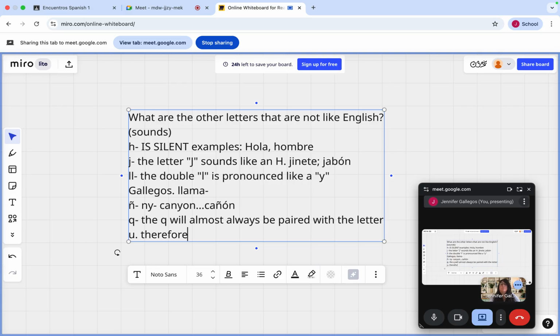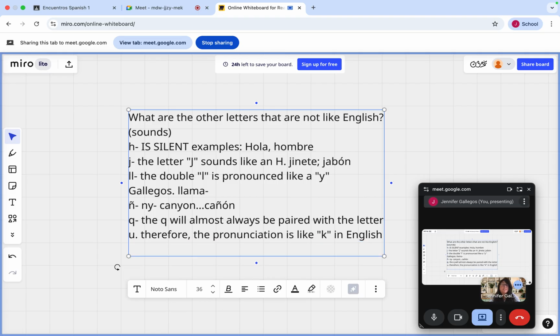Therefore, the pronunciation is like a K in English. Let's look at some words. All right? This QUE is not "kwe," it's K.